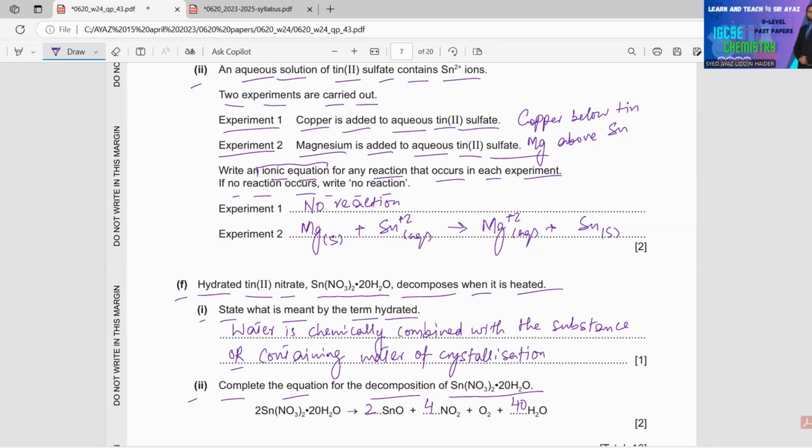You have 3 to the 6. 6 plus 20, 26. 26 multiplied by 2 is 52. So you have 2 plus 4 to the 8. 8 to 10, 10 plus 2 is 12. Yes, 12 plus 40 is 52. Oxygen is balanced. The equation is balanced now.